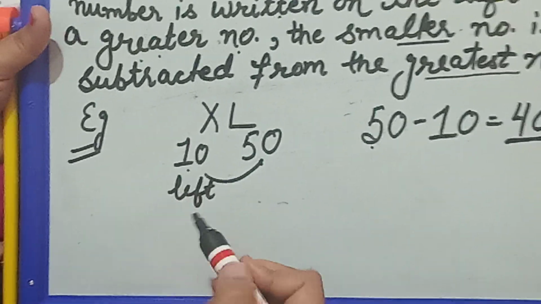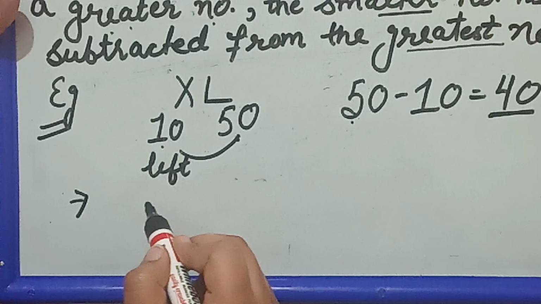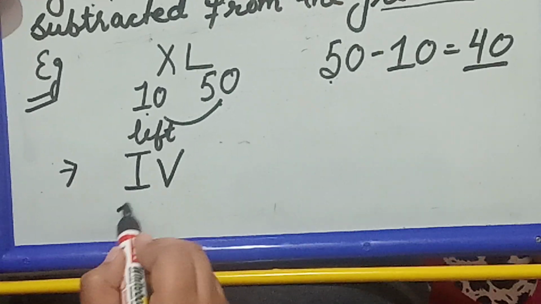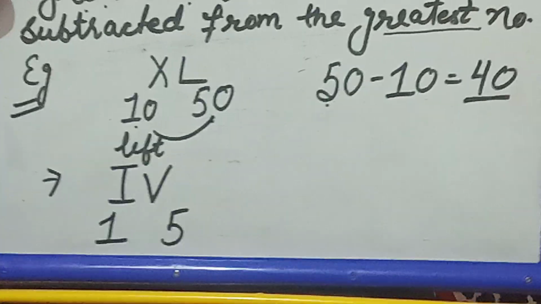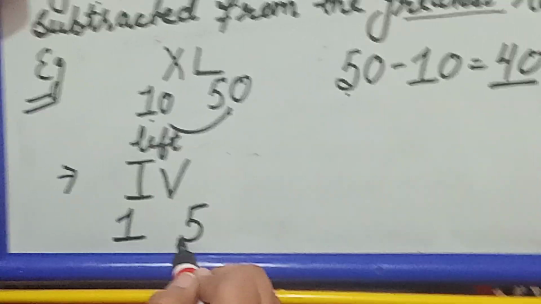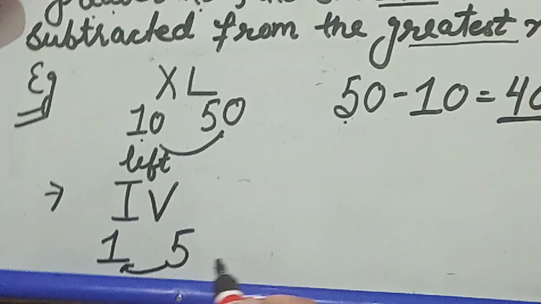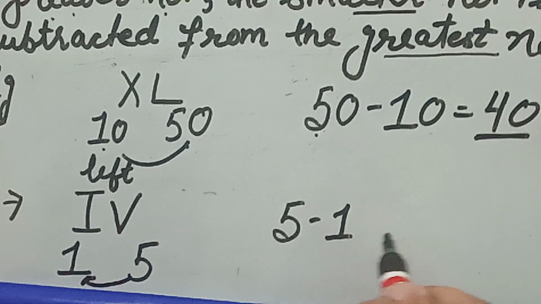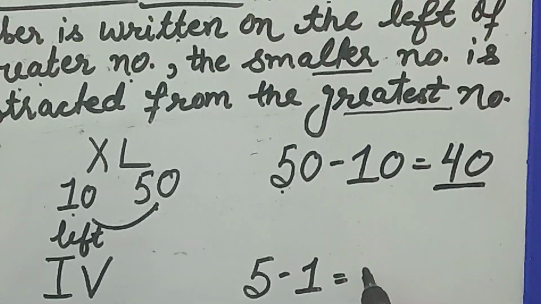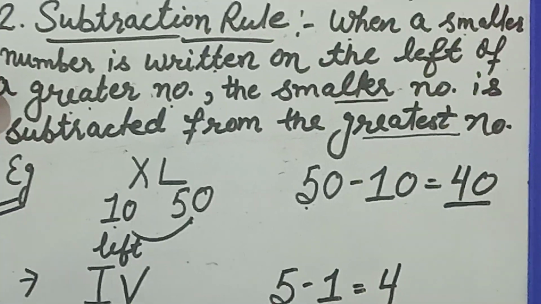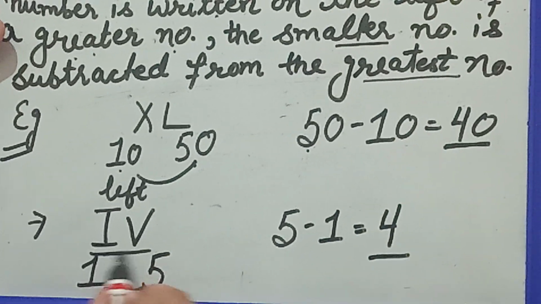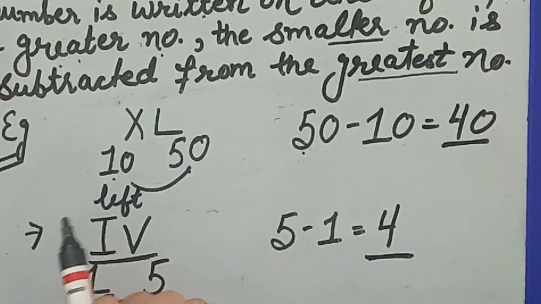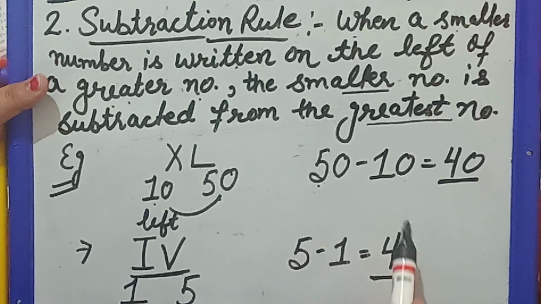Now if I take another example, for example if I write IV, again here I means 1, V means 5. Again the smaller number is on the left side of the greater number. So we have to subtract the smaller number from the greater number, which means 5 minus 1 is equal to 4. So IV means 4.